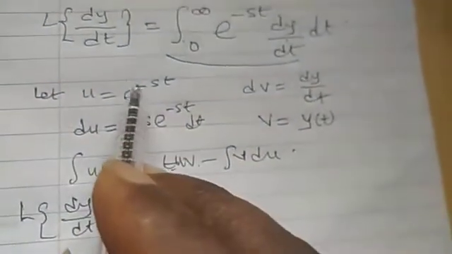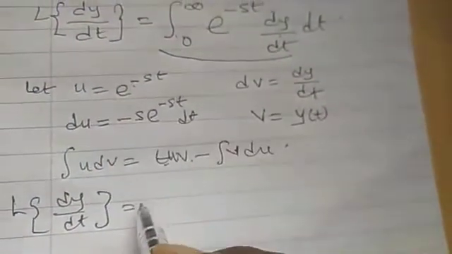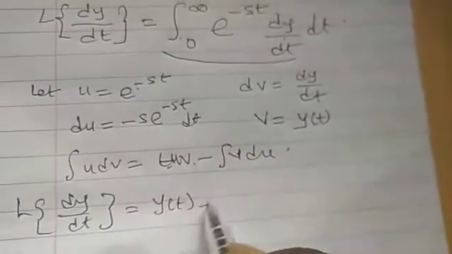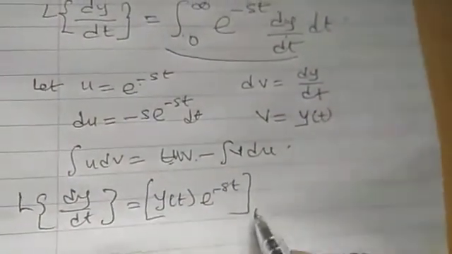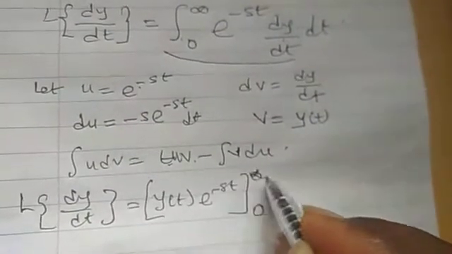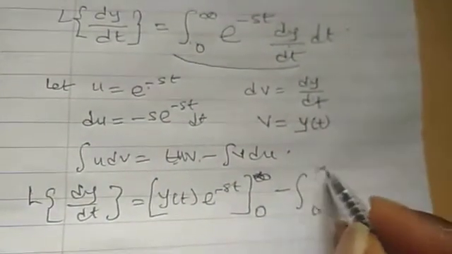So in that case, our Laplace transform of dy dt will now be equal to uv, that is y of t exponential minus st, with the boundary 0 to infinity, followed by minus the integral from 0 to infinity.